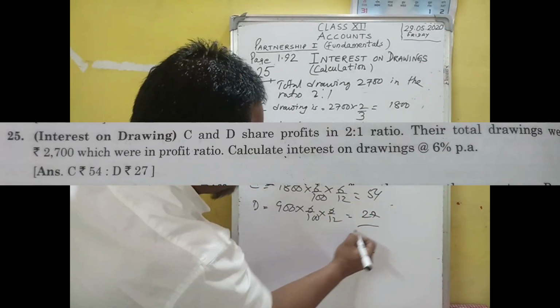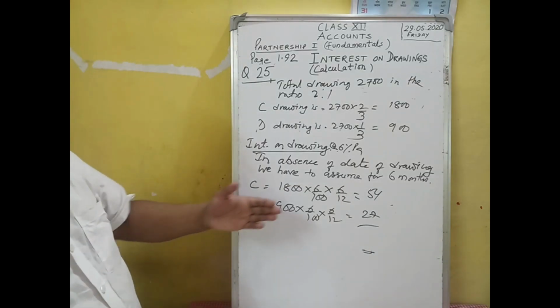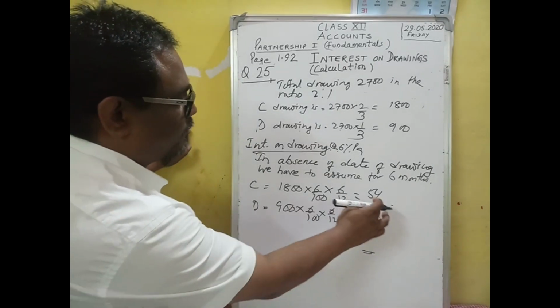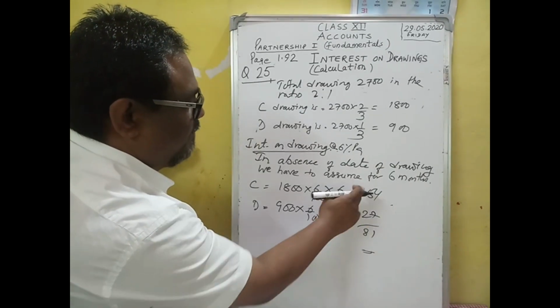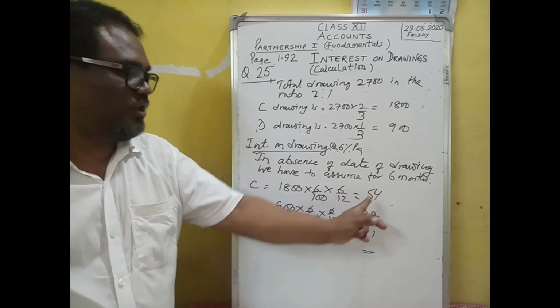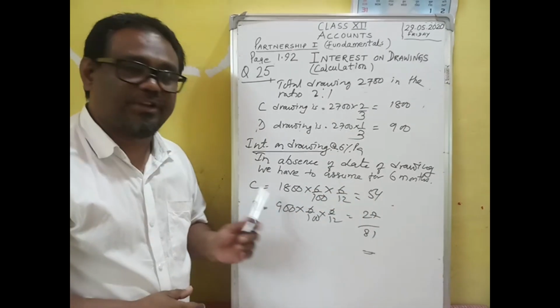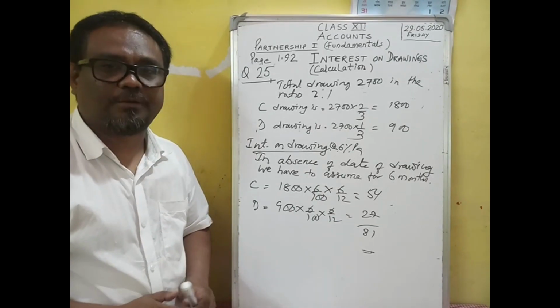So total interest on drawing is 81. So C interest on drawing is 54 and D interest on drawing is 27. So this is how we calculate interest on drawing on this question.